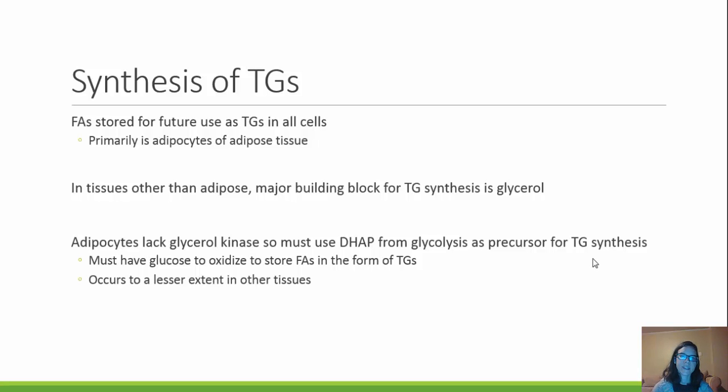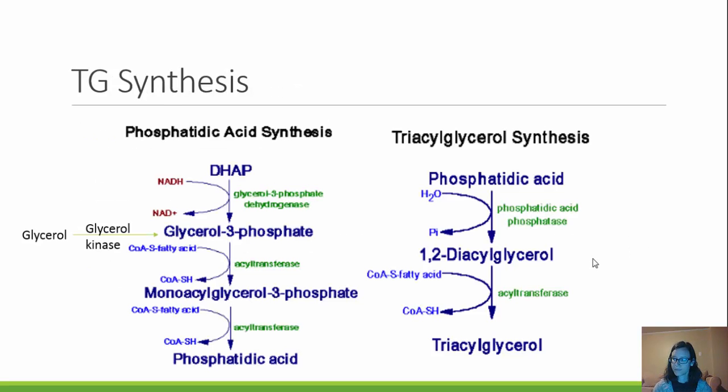So instead, adipocytes must use DHAP from glycolysis as a precursor for triglyceride synthesis. So in order to build triglycerides from fatty acids, adipocytes must have glucose to oxidize, because they have to have the DHAP. And this process does occur to a lesser extent in other tissues. They mainly rely on glycerol.